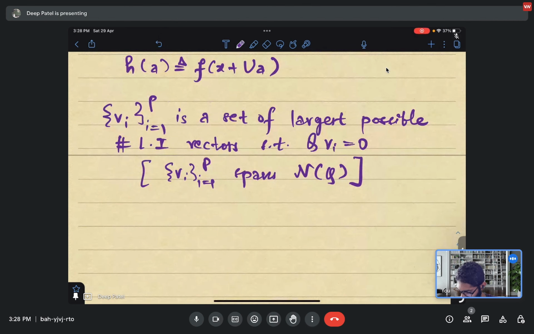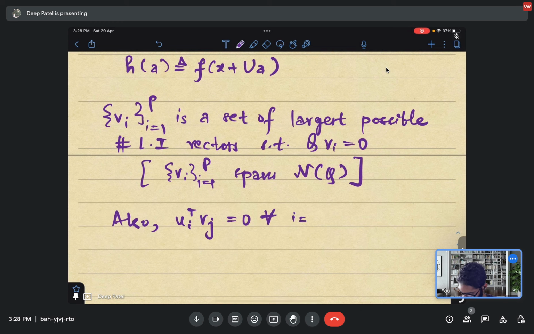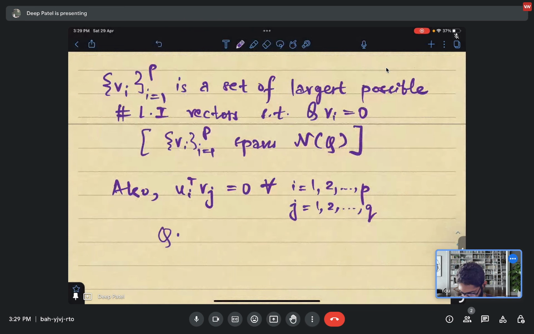And what we are given is that the ui are orthogonal to these vj's, to these null space vectors of Q. Obviously this means Q ui is not 0 for i equals 1 to p.